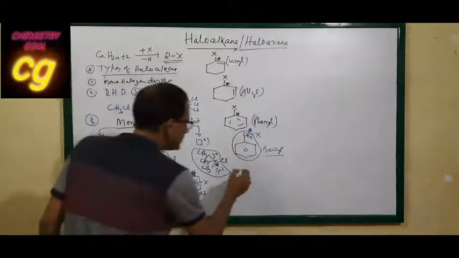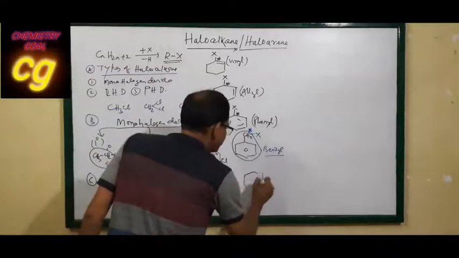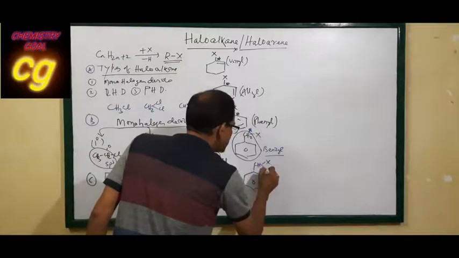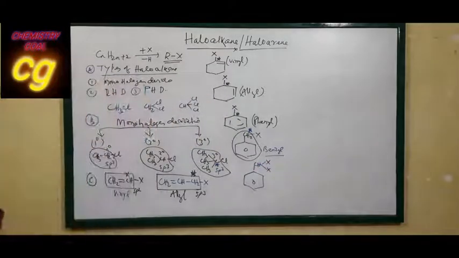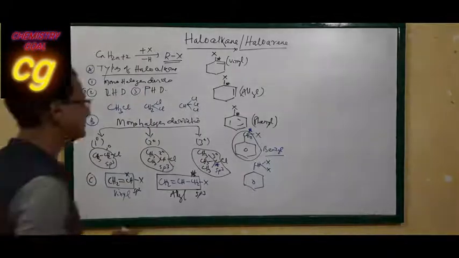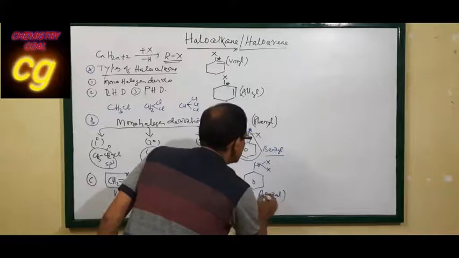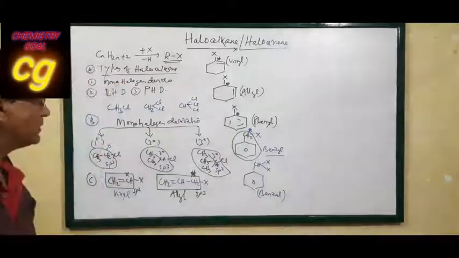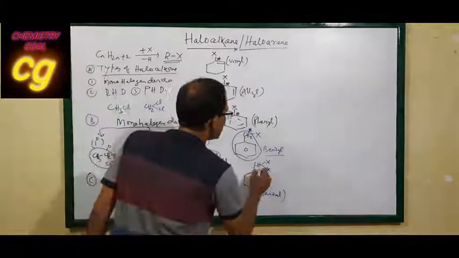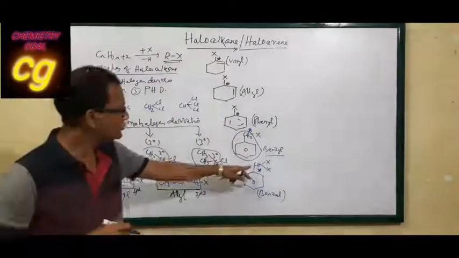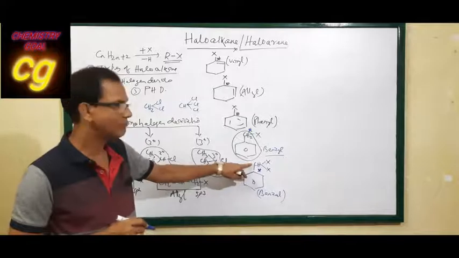And if it contains two X attached directly like this, this is called benzal. Benzal group. This position is called benzal. Two halogens attached to what?